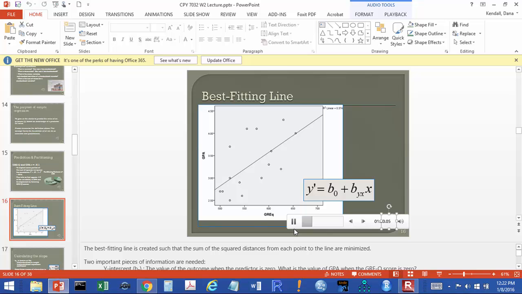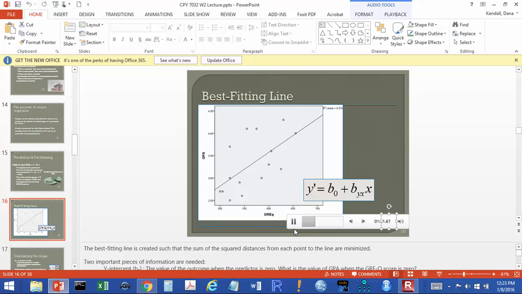In this case, it would be the value of GPA when the GRE quant score is at 0. I realize that doesn't make sense, because who gets a GRE quant score of 0? Even on our worst day, we would not. But there's a workaround to that, but memorize the definition anyway, and we will come back to that.